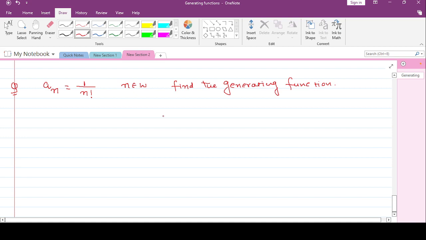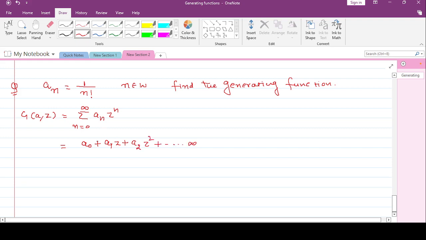Okay, so solution: G(z) is equal to summation n varying from 0 to infinity of an into z raised to the power n. So it is a naught, a1 into z, a2 into z square, and so on.